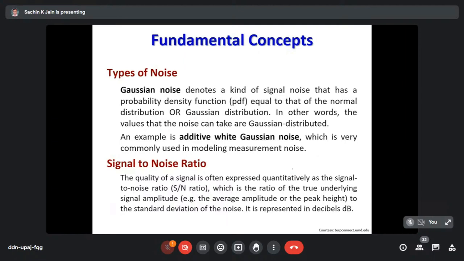But if that ratio is small, then your signal is said to be corrupted with a high amount of noise. In decibels, 20 dB noise is considered higher than 40 dB noise. 60 dB noise means smaller than this noise. So this is how in decibels the additive white Gaussian noise using SNR is defined.